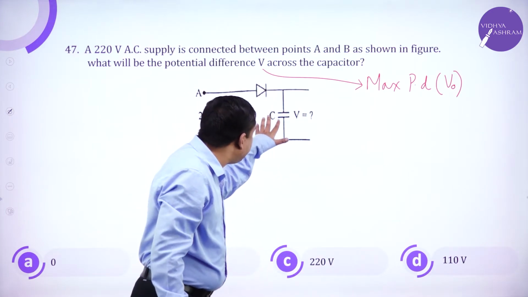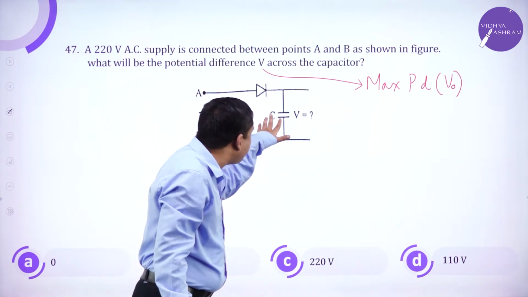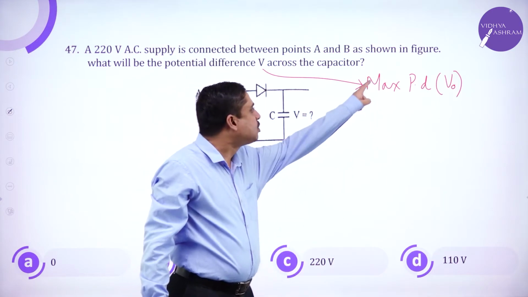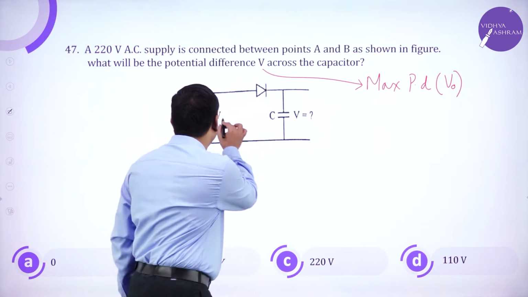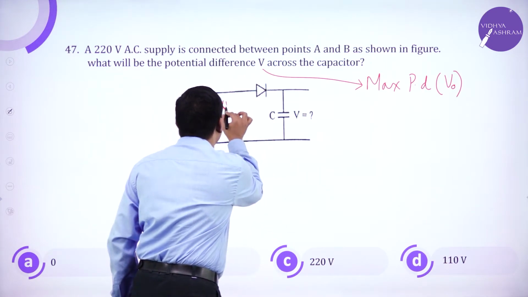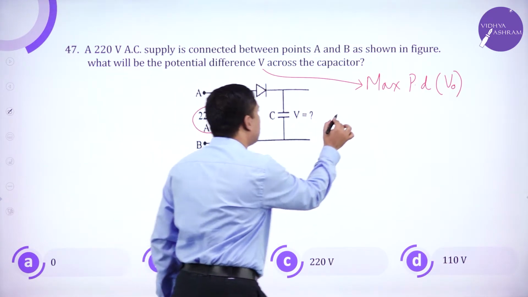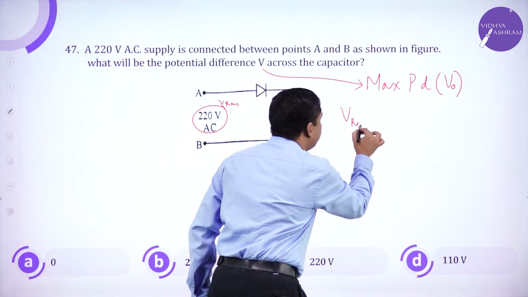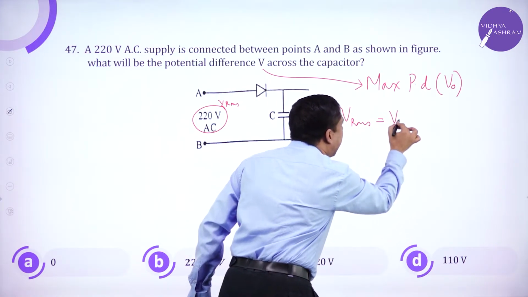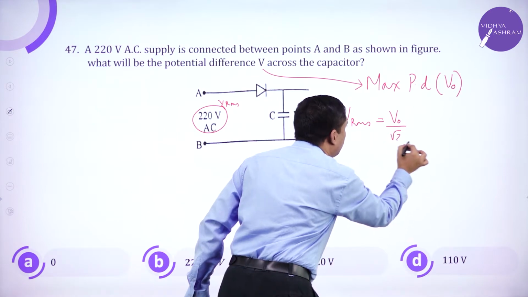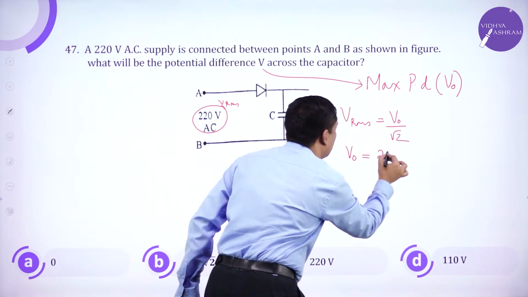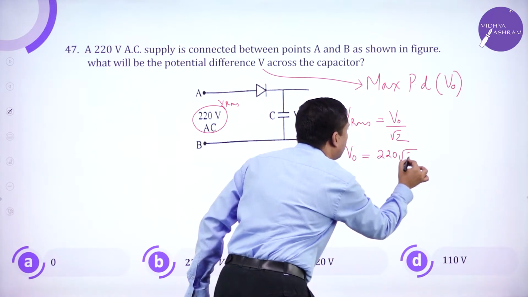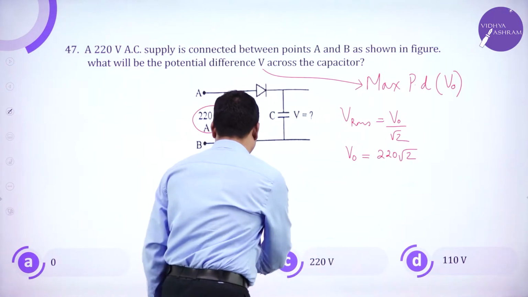What is this 220 volts RMS value? We know VRMS is V naught by root 2, or V naught is VRMS root 2, which is 220 root 2 volts.